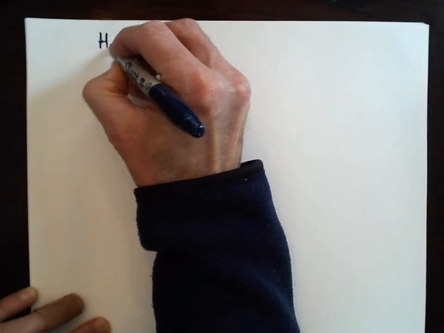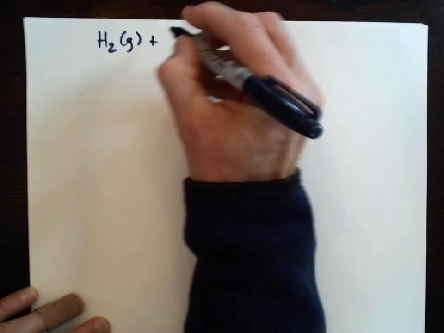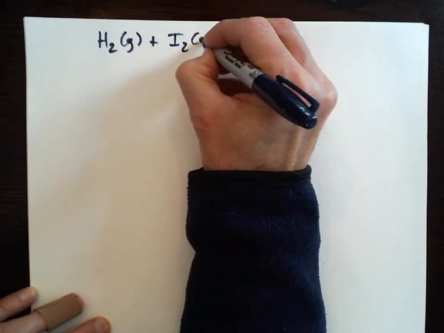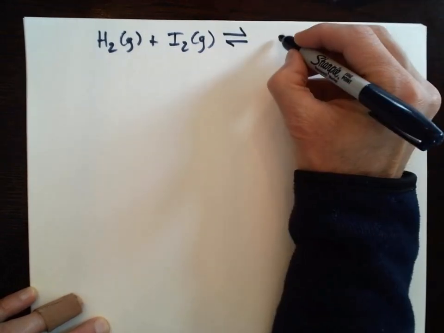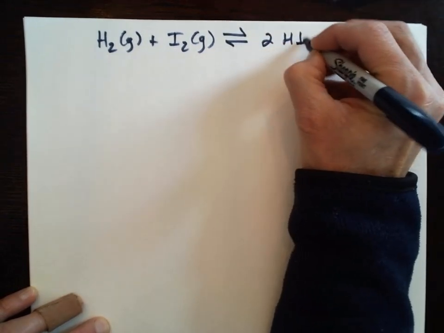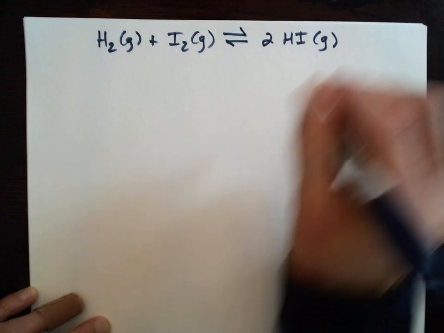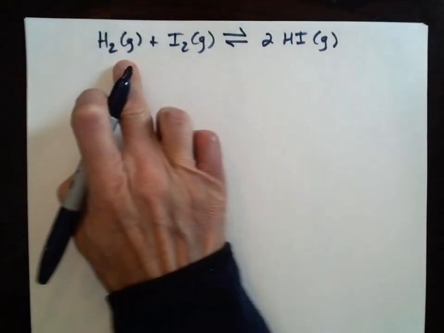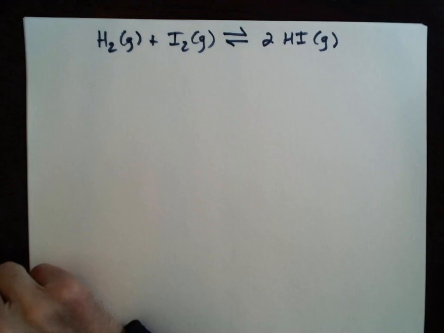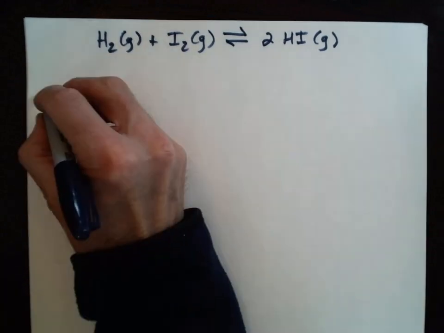I'm going to write out a chemical equation here. So let's say we have H2 gas plus I2 gas going to 2HI in the gas phase. What would the equilibrium constant expression be for this particular reaction? Well, let's see.